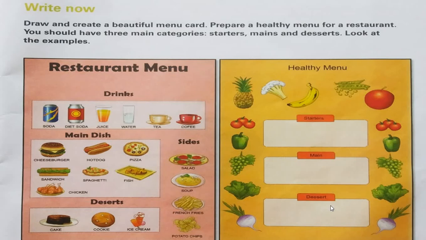Why have you chosen that food item, how it is beneficial for us. So understood? You take time, no problem, do it slowly, beautifully, and keep it safely so that you can submit it whenever the school reopens.